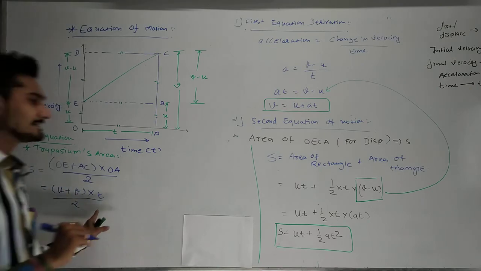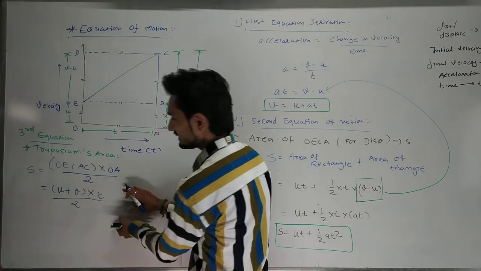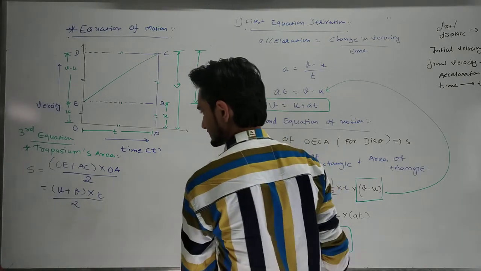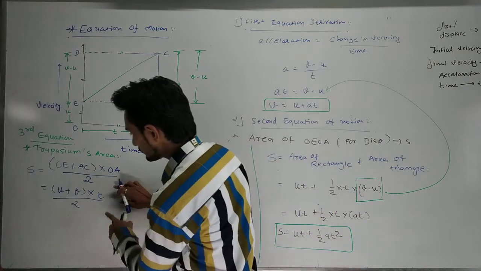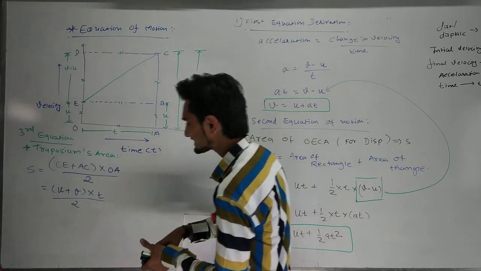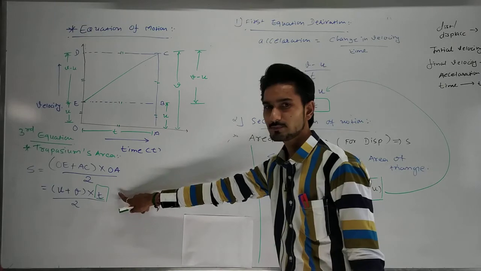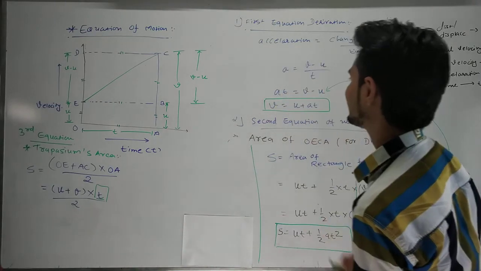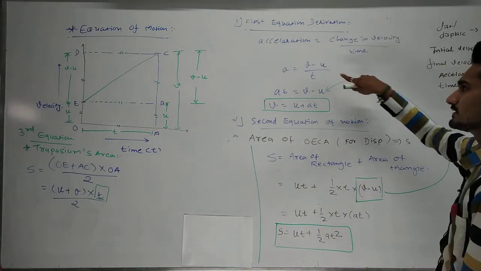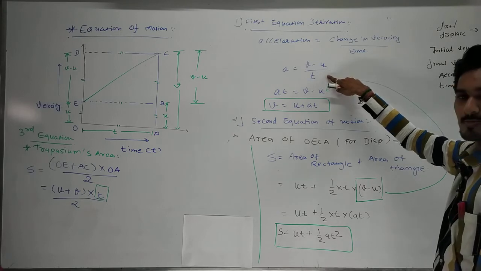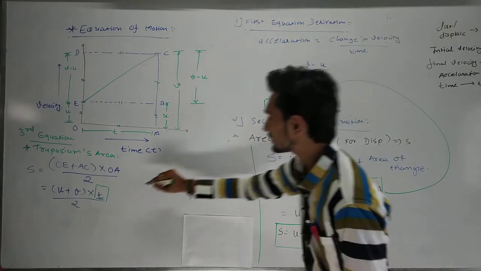Now if you can see here, this equation was already resolved in the previous session. But what am I going to do? Now I am going to replace this T with some quantity, from the first equation.